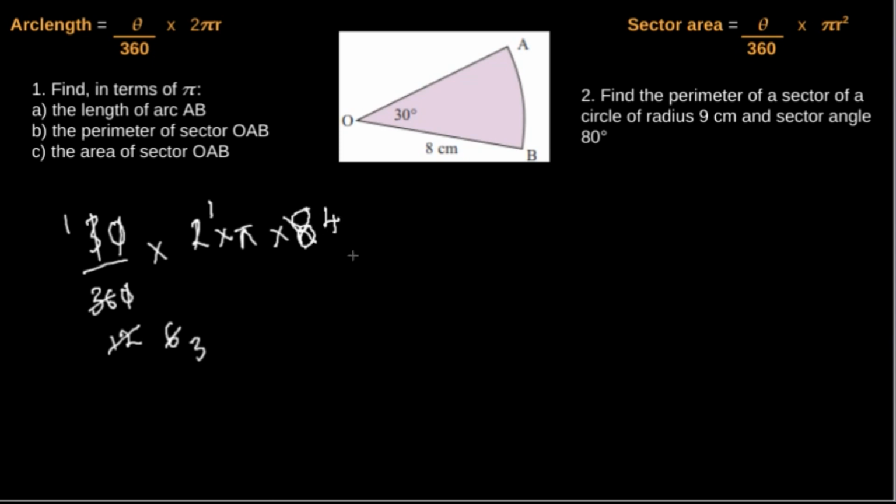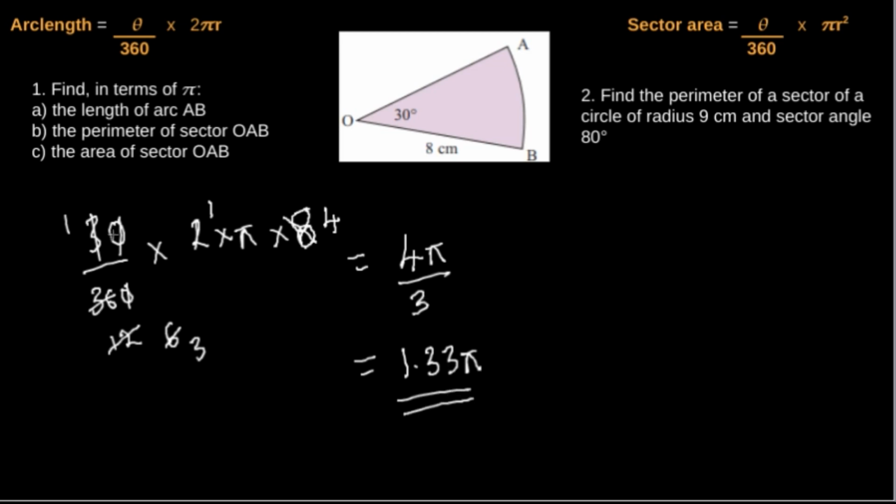I think we're done. So this will give us 1 times 1 times pi times 4. That'll be 4 pi over 3. So if you want to leave it in fraction form, this is one way. You want to make it neater in decimal form, that will be 1.33 to 2 decimal places pi. 4 divided by 3 is 1.333, on and on. So 1.33 pi. This is the length of arc AB in terms of pi.